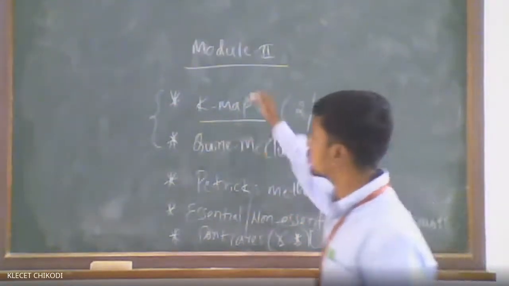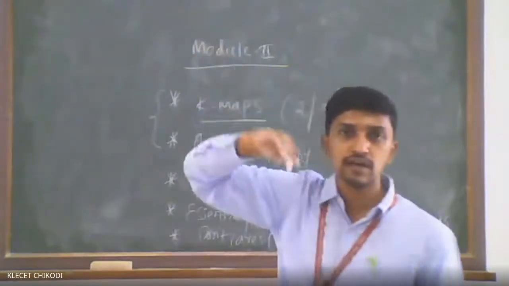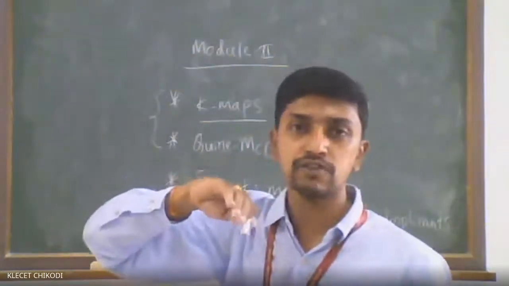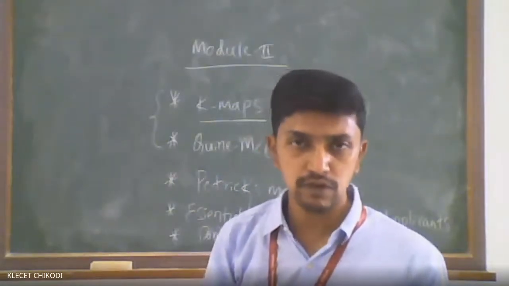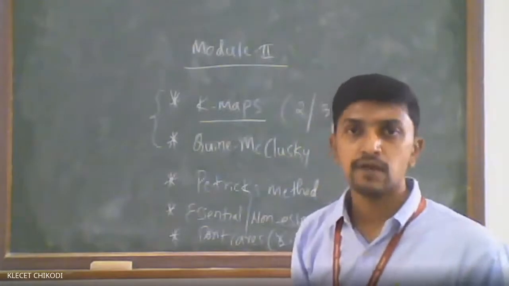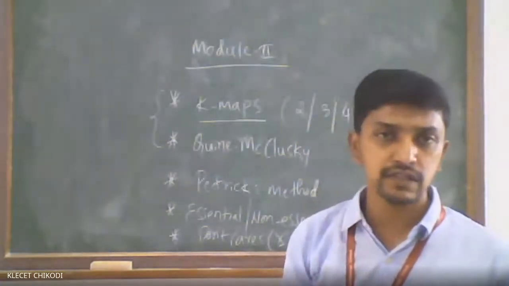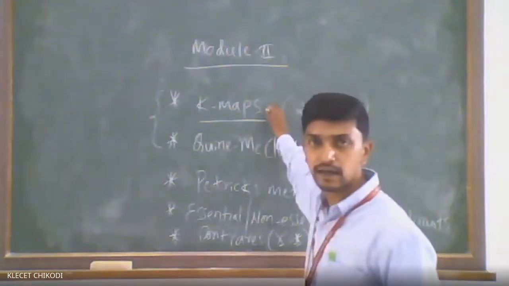So the basic requirement for module 2 is that whatever expressions till now we have solved, we solved using the 4 methods, that is basic rules, laws, theorems and properties of Boolean algebra. And further simplification is not possible. So after that we are going for the K-map technique.